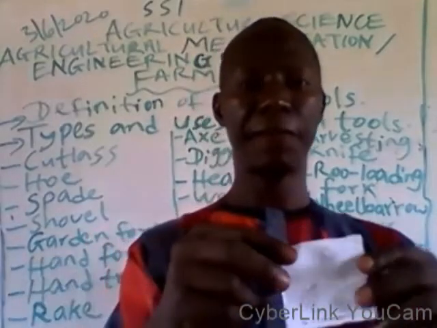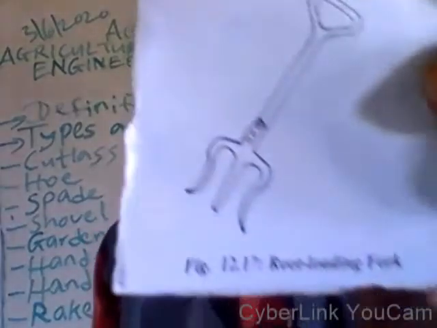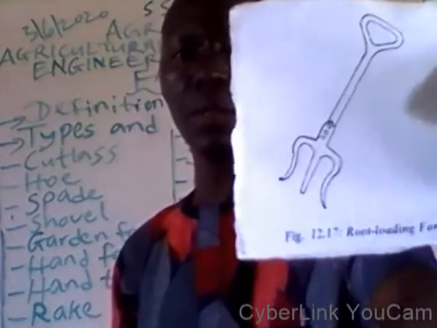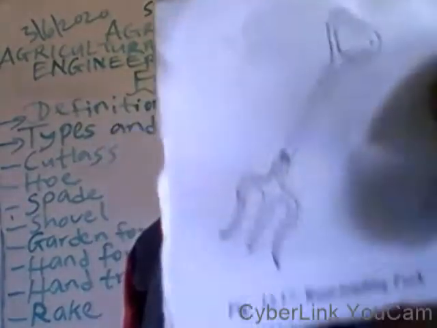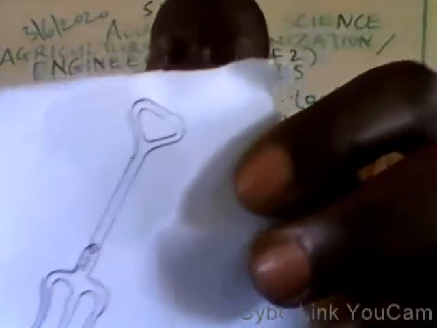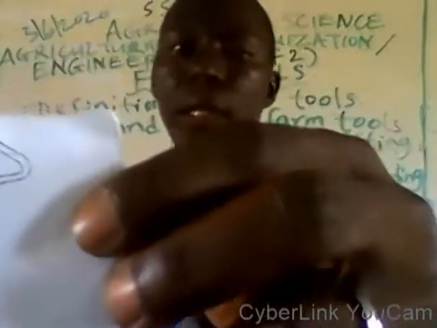We have garden fork. This very one here is called a root loading fork. Can you see it? Is it clear?